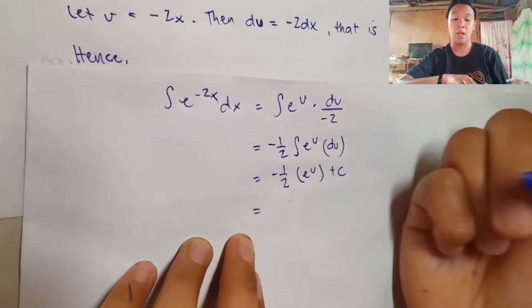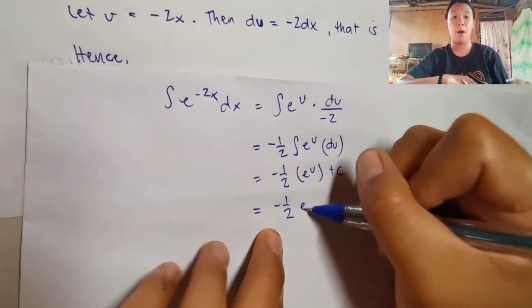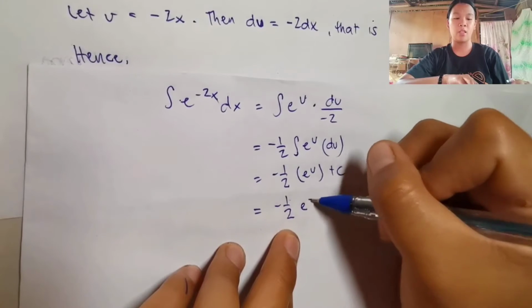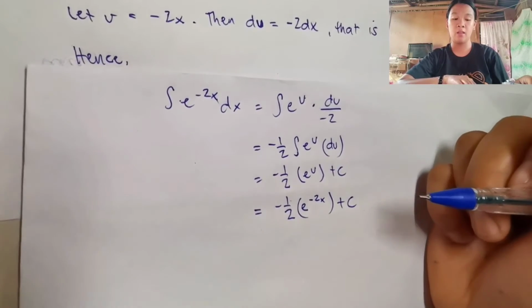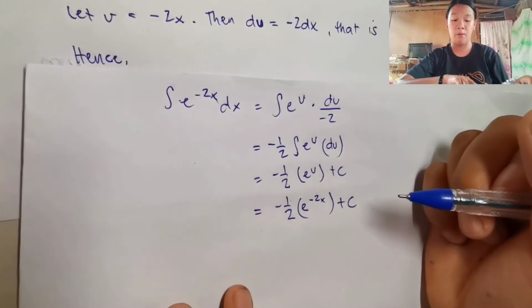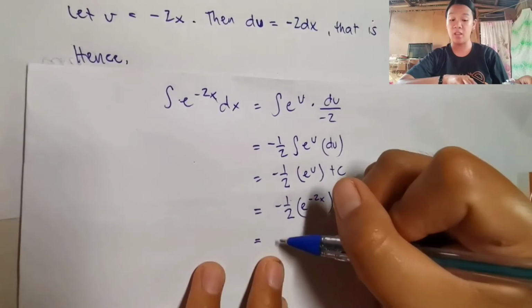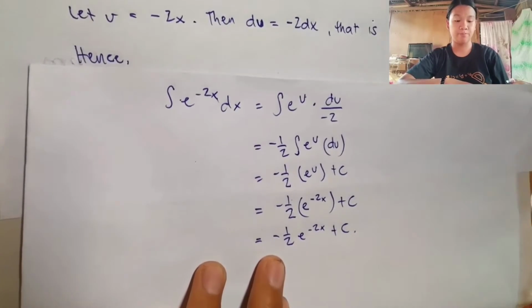So it becomes negative 1/2 times e raised to the power of negative 2x plus c. Then we multiply the negative 1/2 times e raised to the power of negative 2x, which becomes negative 1/2 e raised to the power of negative 2x plus c.